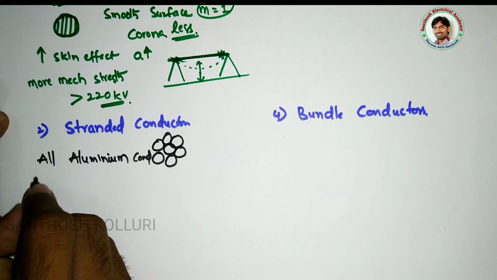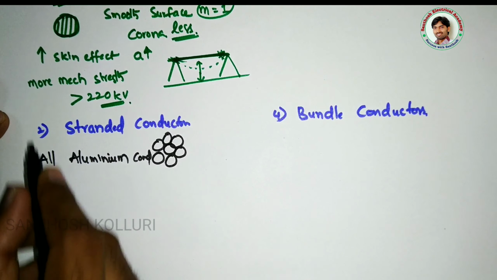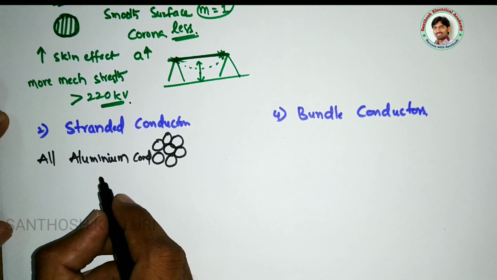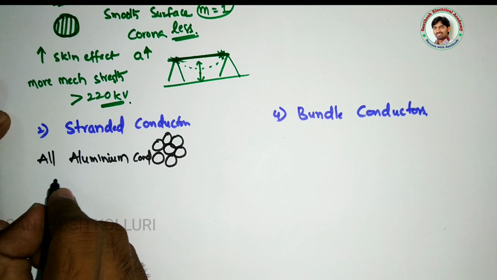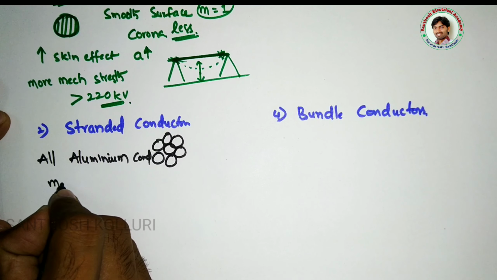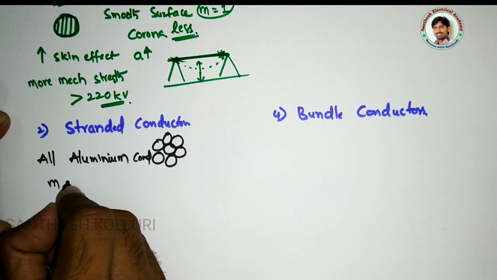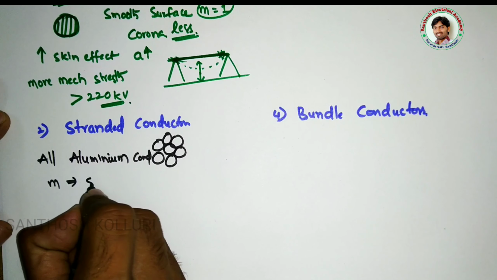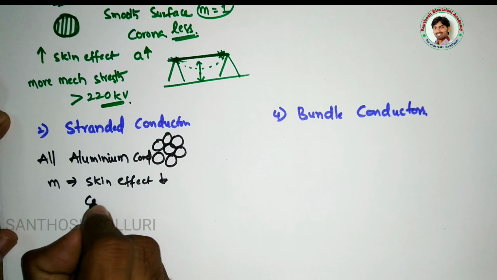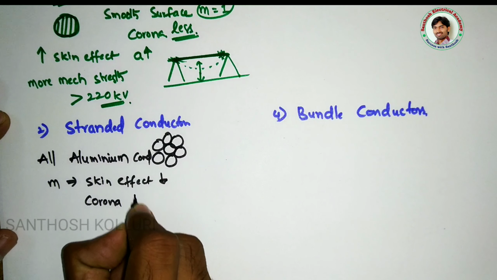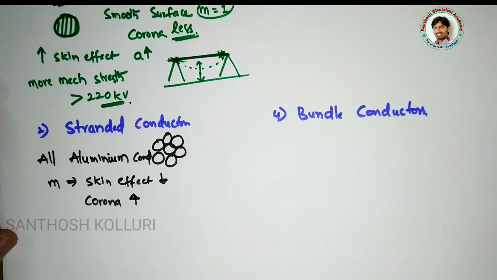In case of solid conductors, a smooth surface is there. In case of stranded conductors, the roughness will be more. Because of this roughness, the skin effect is reduced, but the value of corona is more when you compare with the solid conductors.